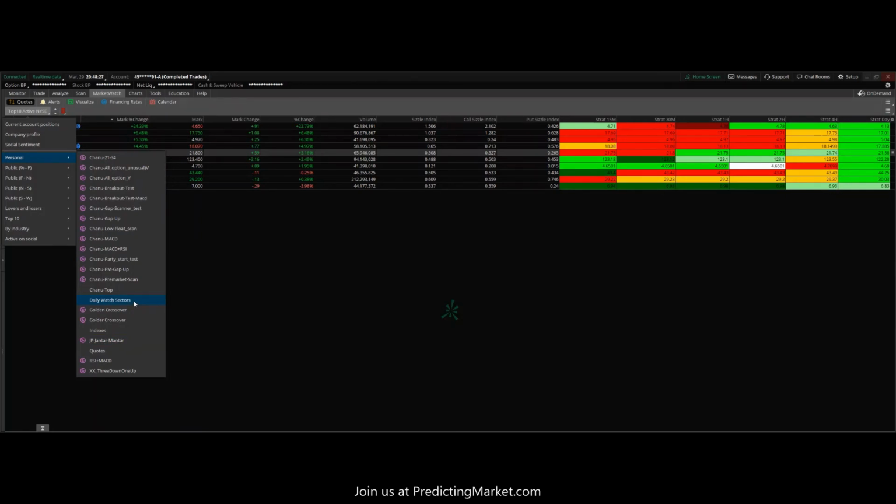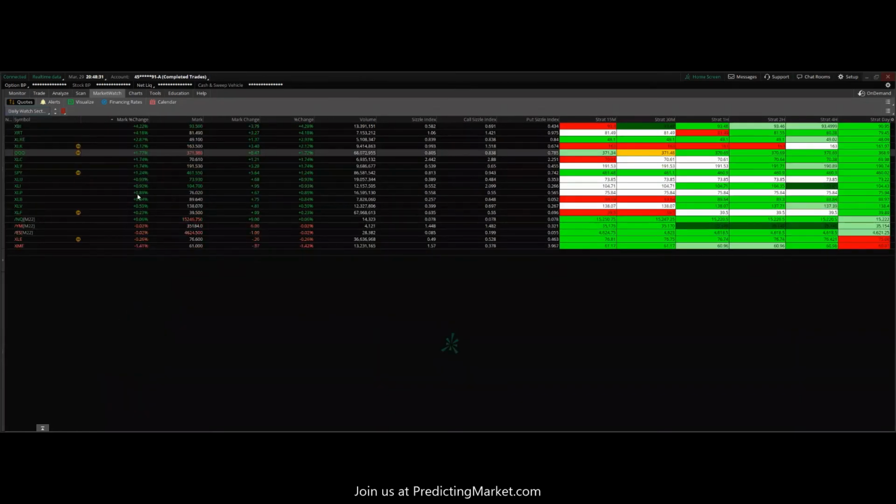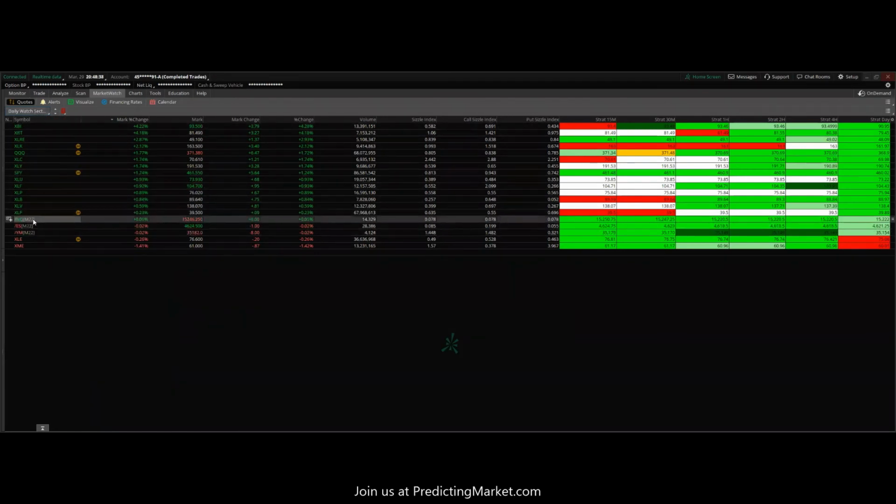So for example, on a daily basis, I made this watch list called daily watch sectors. I added all the sectors here and the futures indexes. NQ is for NASDAQ, ES is for SPY, YM is for Dow Jones, and XLE is the energy sector. So every morning when I get up, I'll first check the mark percentage change.